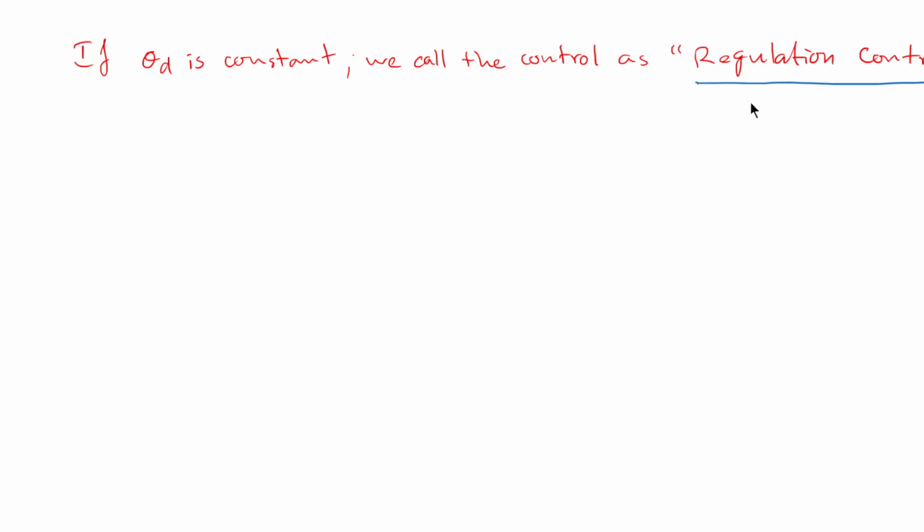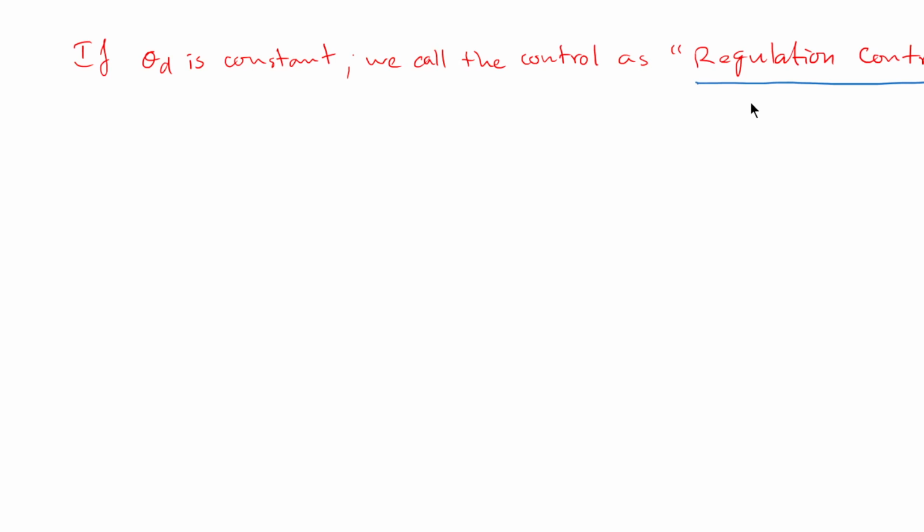So this is called regulation. Another term is tracking. Tracking means you may want the rotor to move following a certain function, for example, a sine wave. In this period of time, theta should move up to this angle. At another period of time, theta moves to another angle, continuously changing, like a sine wave.